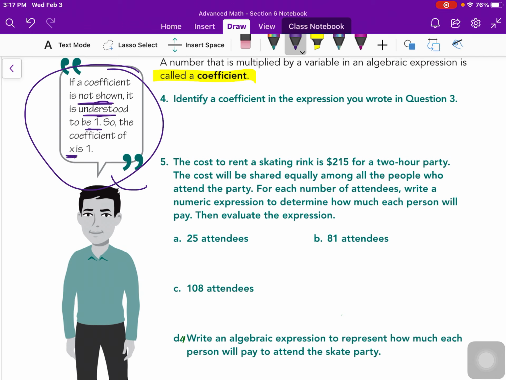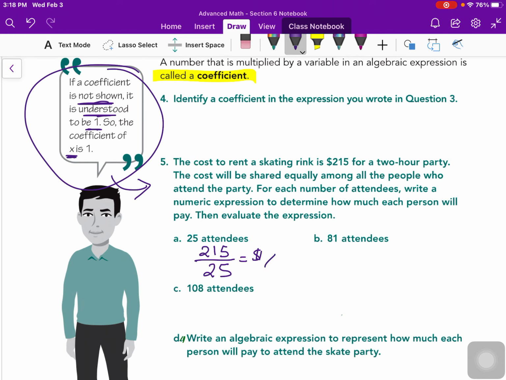Good to know. Number 5, the cost to rent a skating rink is $215 for a 2-hour party. The cost will be shared equally among all the people who attend the party. For each number of attendees, write a numeric expression to determine how much each person will pay and then evaluate it. Okay, well, it's $215 divided by 25 attendees.